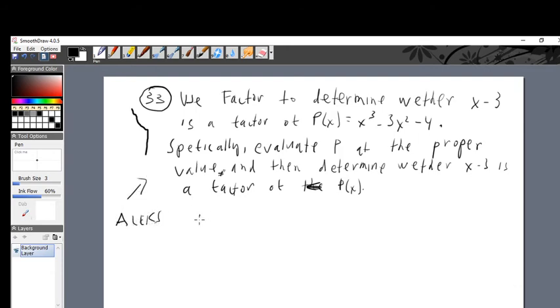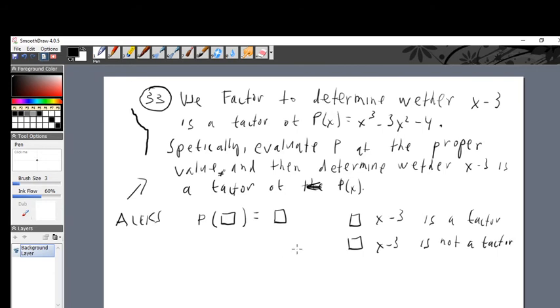Alex puts a P waiting for some number that you're supposed to put in there equals a number. It shows you what it wants you to do. And then on the side, it puts two boxes: x minus 3 is a factor, and the other box you would choose if x minus 3 is not a factor.